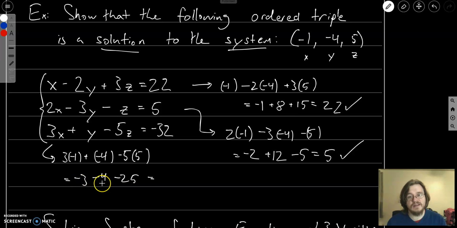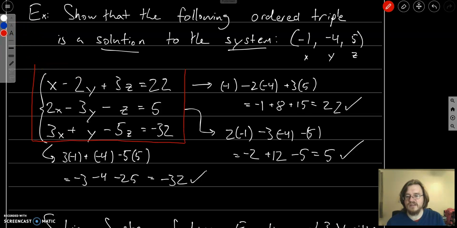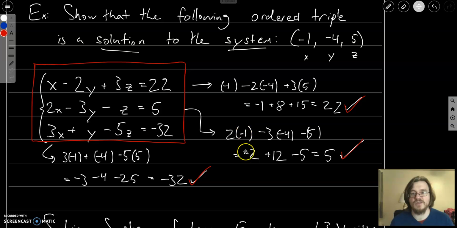So -3 and -4 will be -7, plus another -25 will be -32, which matches. So from our original system of three equations and three unknowns, we plugged in our proposed solution, and we saw that in each case it is in fact a solution of each one of those equations.